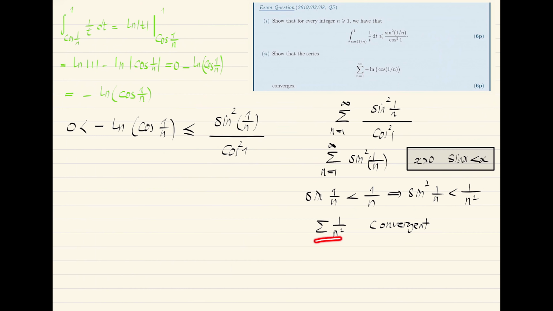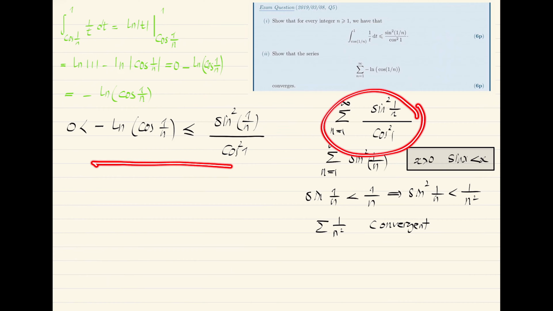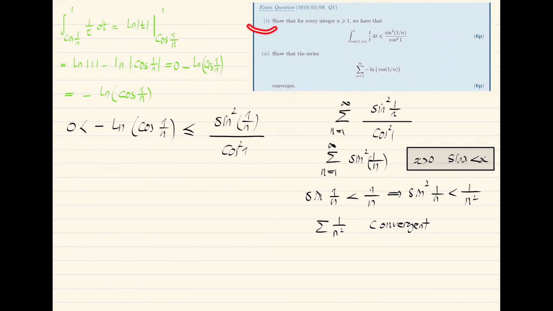So the convergence of this will imply the convergence of this, and the convergence of this one implies the convergence of this one because they just differ by a multiplicative constant, and convergence of this one, according to this relation which we learned to be true from part 1, guarantees the convergence of this sequence. But what you need to do in the exam, you have to write these properly.